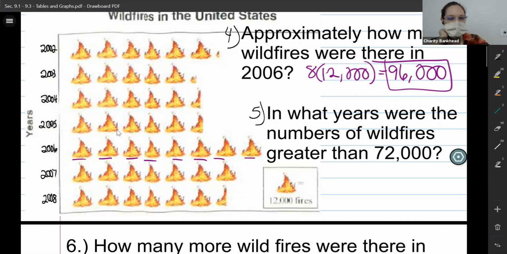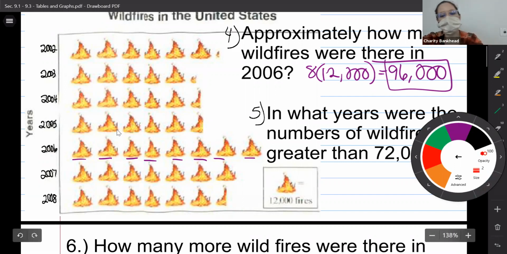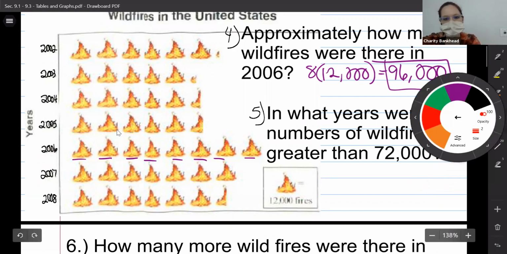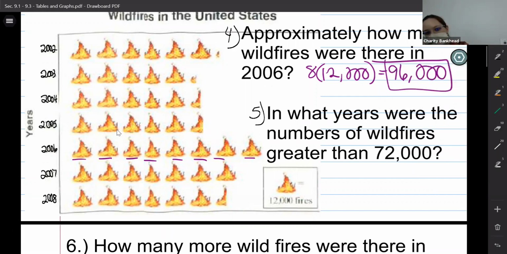Number 5 says, in what years were the numbers of wildfires greater than 72,000? So first I'm going to do 72,000 divided by 12,000 to see how many pictures I'm looking for.